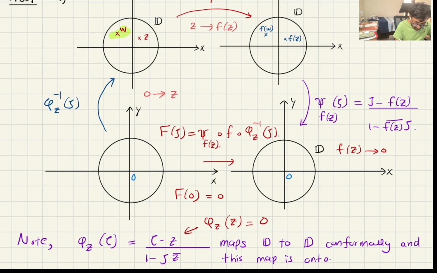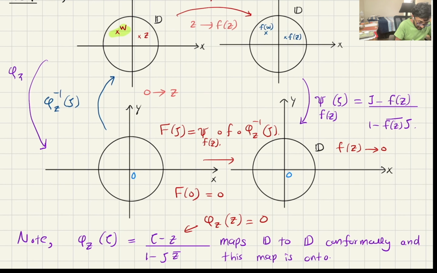And I would apply the inverse of phi Z inverse. That means this is the inverse of phi Z. So what would be this direction? This is phi of Z. Okay, right. So if you apply phi Z to W, phi Z W would be somewhere here.